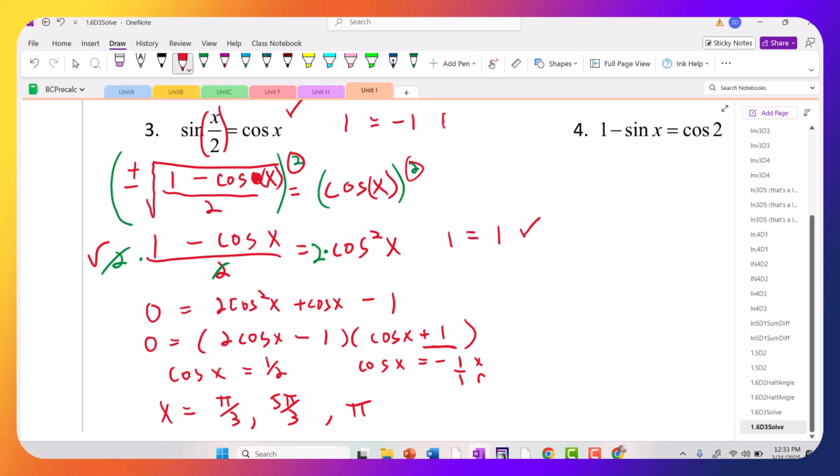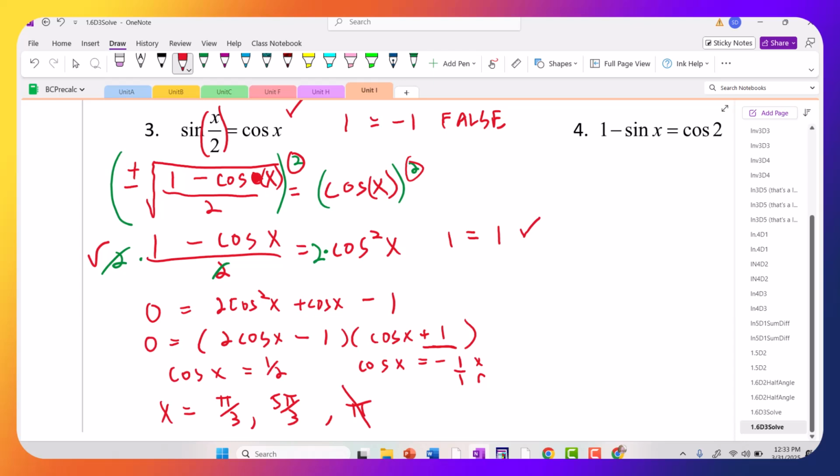This is true. This is false. This is what happens when you square both sides. You get a false true answer because it works after the squaring, not before. This is always why you should always check when you square both sides in your process of solving. You better check your answers or else.